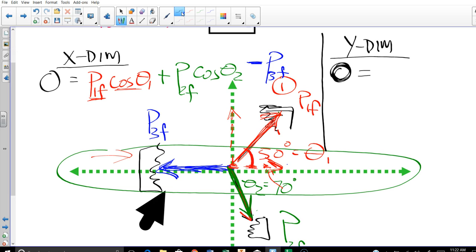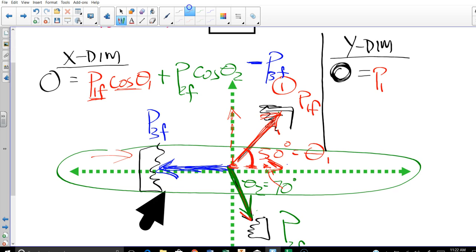Yeah, exactly. Your initial momentum will be the initial velocity times whatever the mass was. Right. Yes. Yep. Very good. So I would say this one's up, right? The red one's up. So you're right.